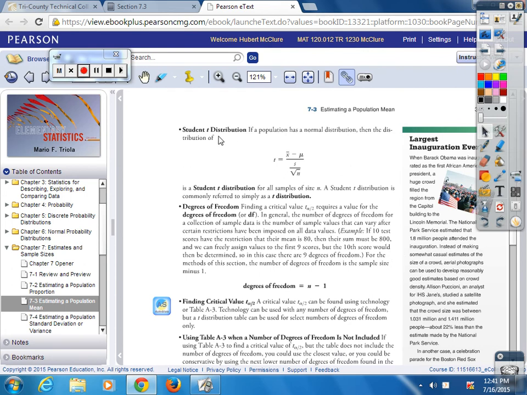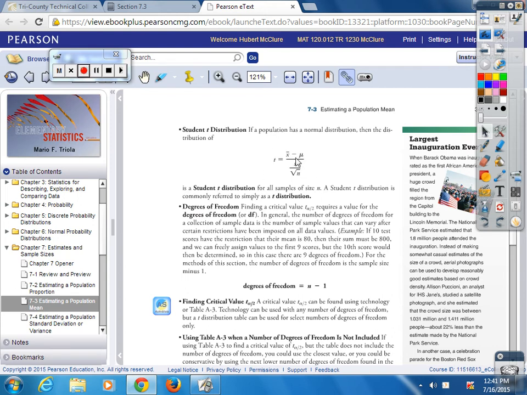Okay, student t distribution, write that down. Does it look familiar? Yes, it does. Looks kind of like the formula from 6.5, I can't remember what it was called, but when you take the standard deviation and divide by the square root of n, remember that?